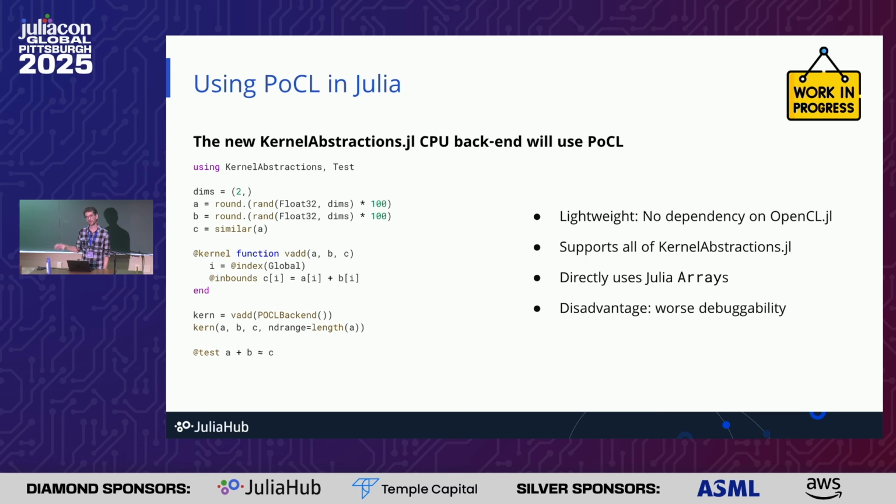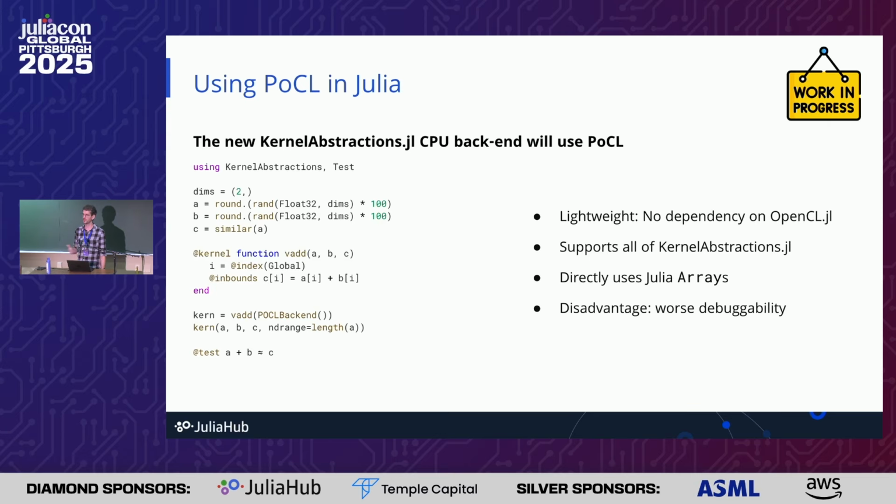Because of relying on PoCL's SPIR-V to CPU compiler, we don't have to do the manual mapping of kernels to for loops anymore. It also directly uses Julia arrays, so it's very convenient. You don't have to use a separate array type. There is one disadvantage, namely that because we now go through GPU compiler, the kernel code is now also having to stick by the subset of Julia that GPU compiler uses.